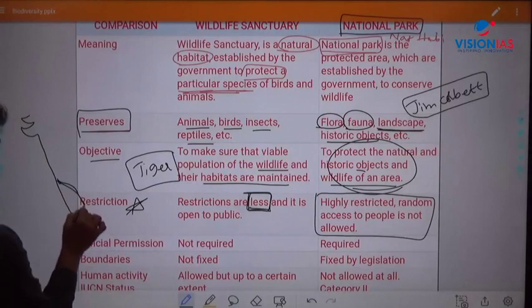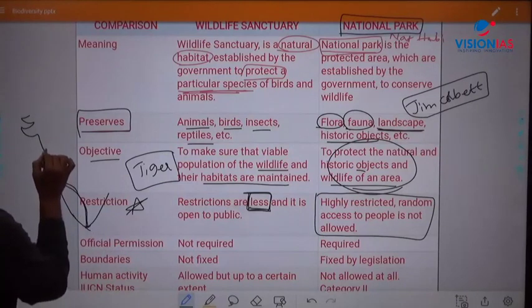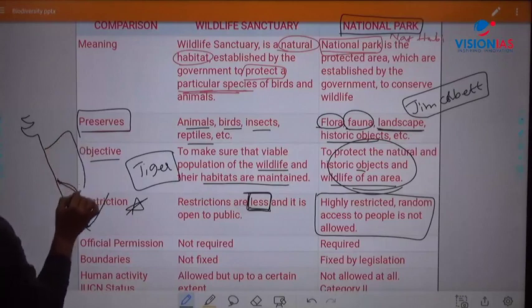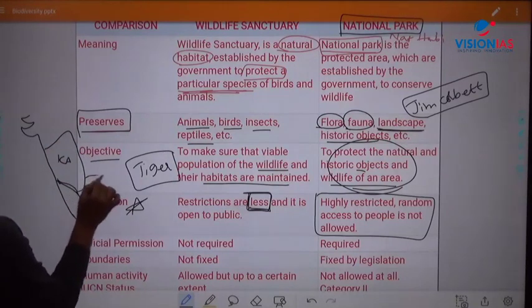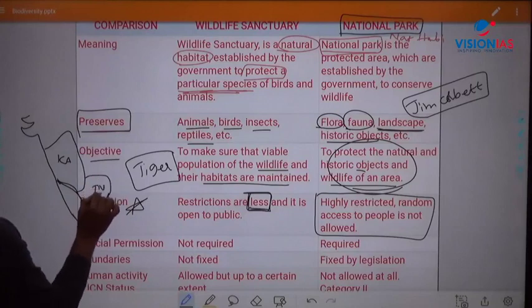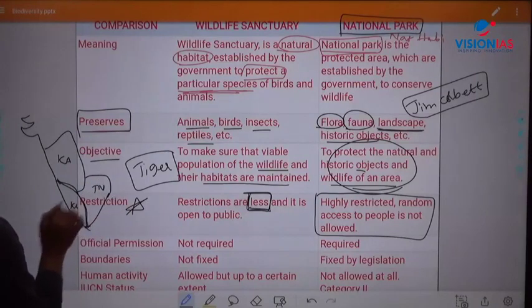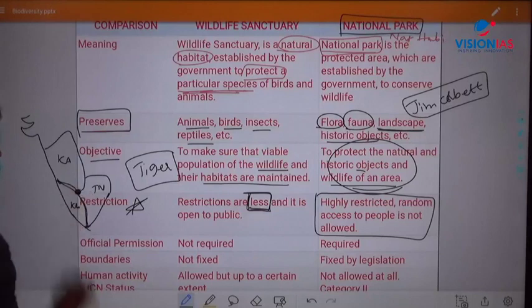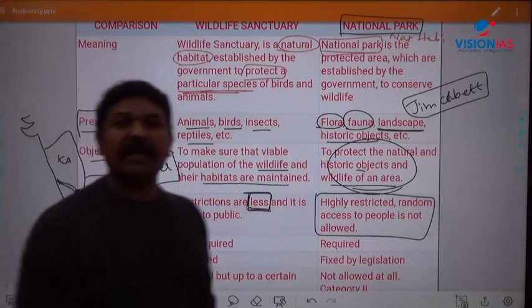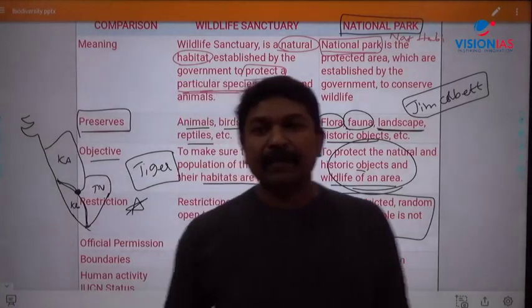This is Kerala, this is Karnataka, this is Tamil Nadu. This is how the area is. In the tri-junction between Tamil Nadu, Karnataka and Kerala, what happened?